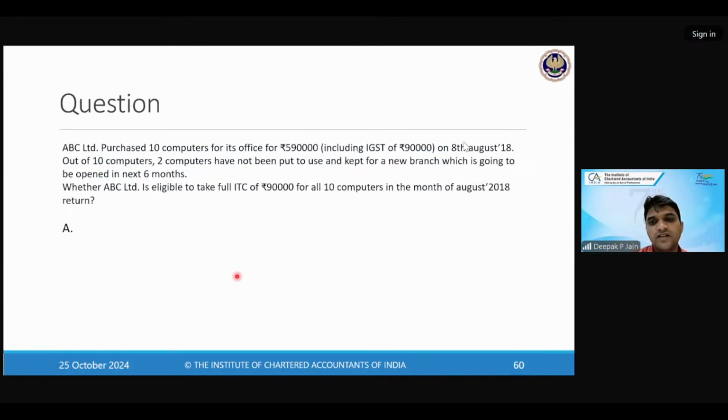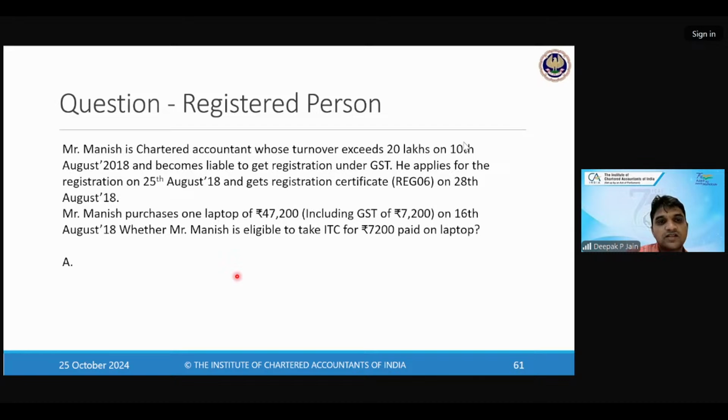Mr. Manish is a chartered accountant whose turnover exceeds 20 lakhs on 10th August, and he becomes liable to registration under GST. He applies for registration on 25th August, and he gets a registration certificate on 28th August.